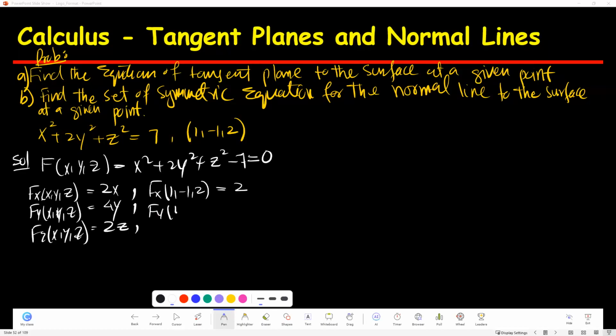The fy at the same point, it's going to be minus 4, so minus 1 times 4 will be minus 4. And fz at (1, -1, 2), the answer would be 4. 2 times 2 is 4.